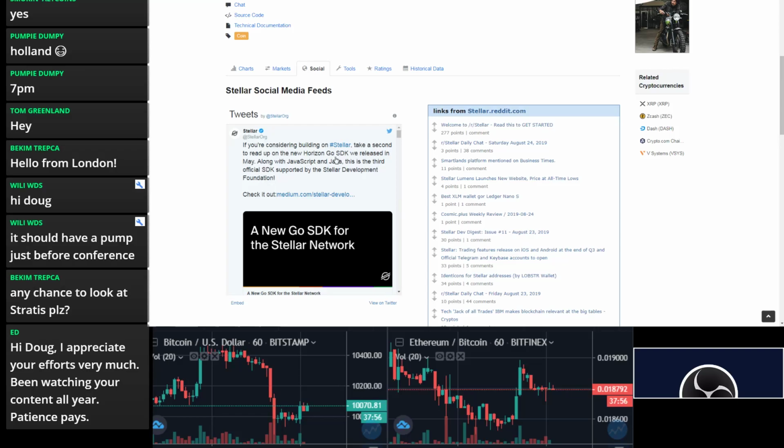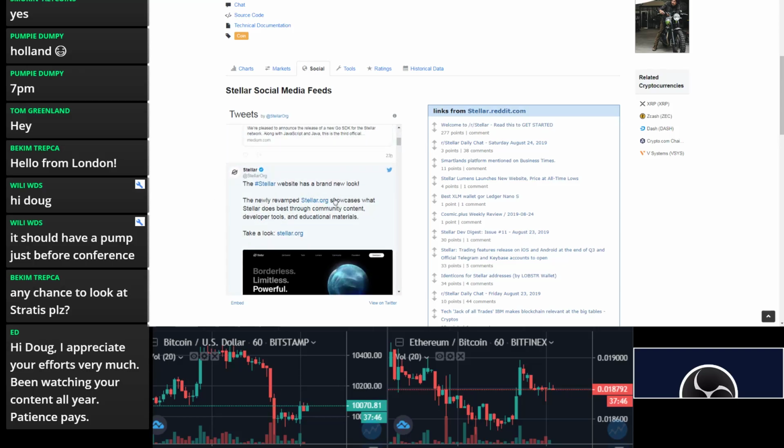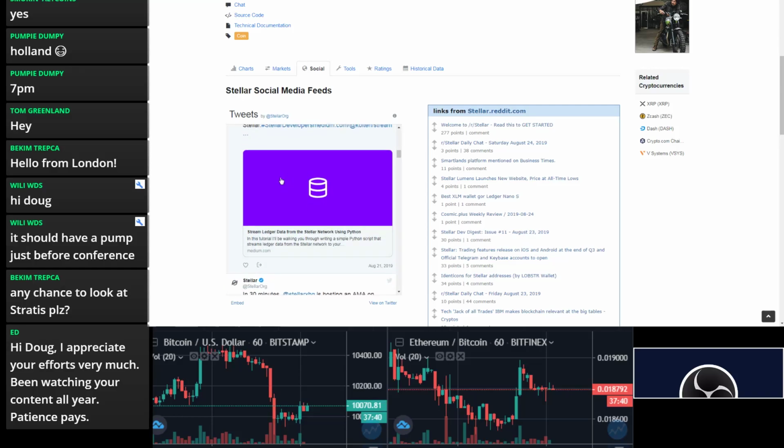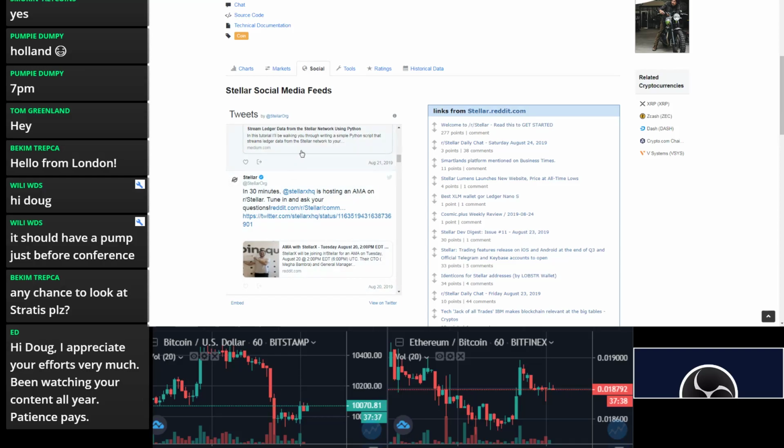Take a second to read up on Horizon, just released in May. All sorts of stuff to develop on the Stellar Foundation. Simple Python script that streams ledger data from the Stellar network to your something or other.